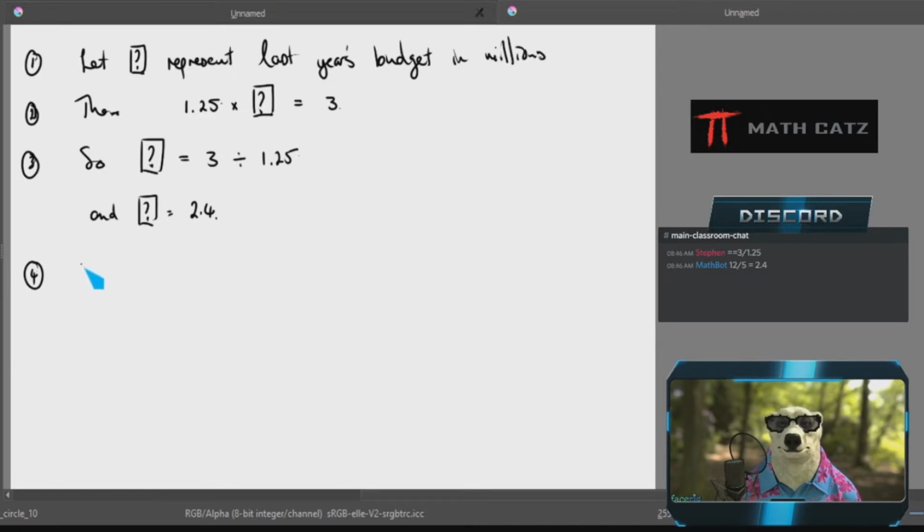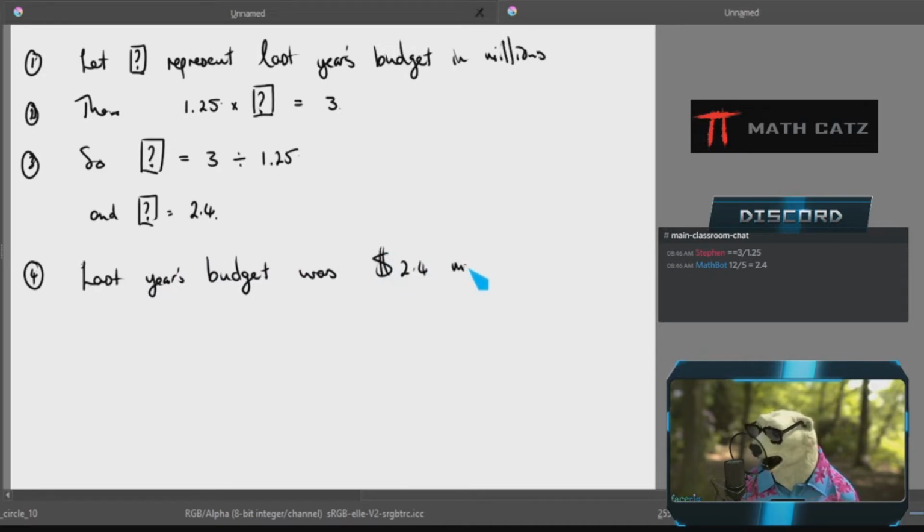So the last year's budget was 2.4, and now I can say, oh, the units were actually millions of dollars. And there we go.